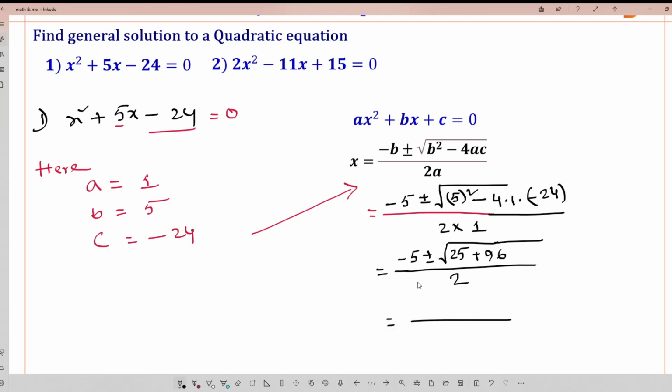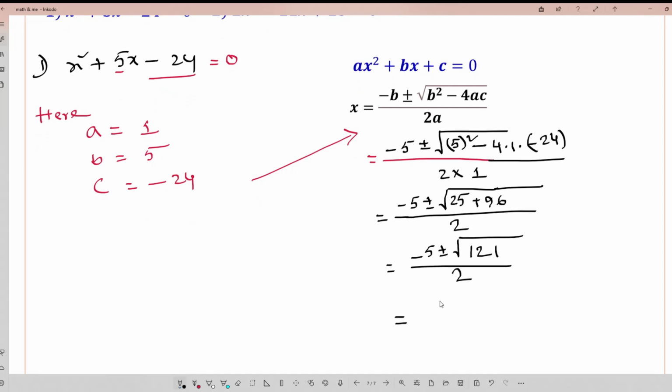So here is minus 5 plus or minus the root of 25 plus 96, it means 121, divided by 2.